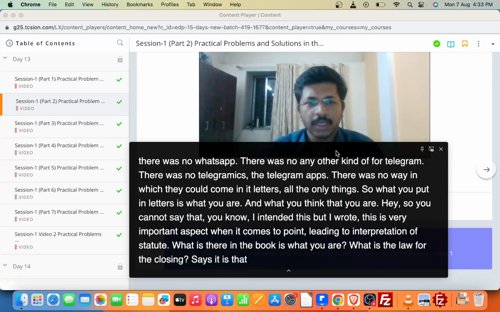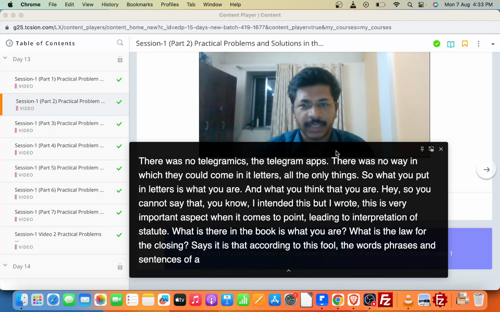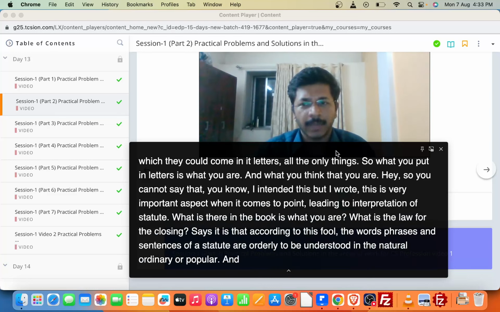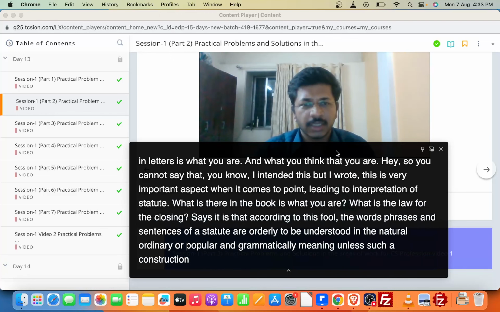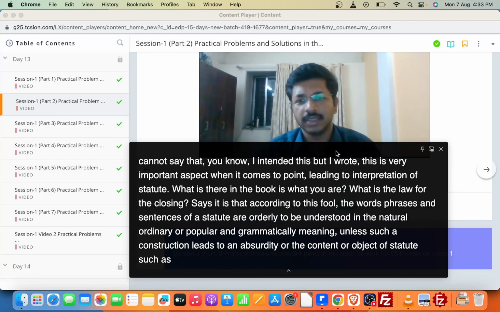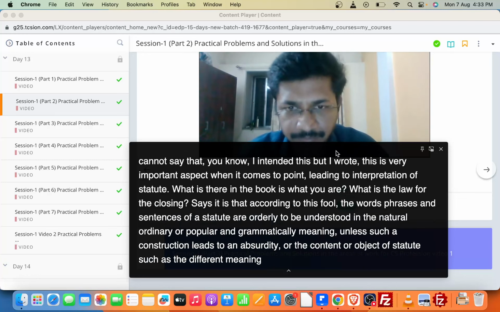it says that according to this rule, the words, phrases, and sentences of a statute are ordinarily to be understood in their natural, ordinary, or popular and grammatical meaning, unless such a construction leads to an absurdity or the content or object of a statute suggests a different meaning.